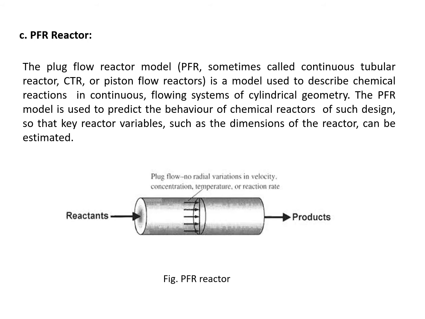So the key reactor variables of this PFR reactor, such as the dimensions of the reactor, can be estimated. So these are the basics of PFR reactors, and with the help of the batch, continuous, or PFR reactor, the concept about chemical reactors will be clear.